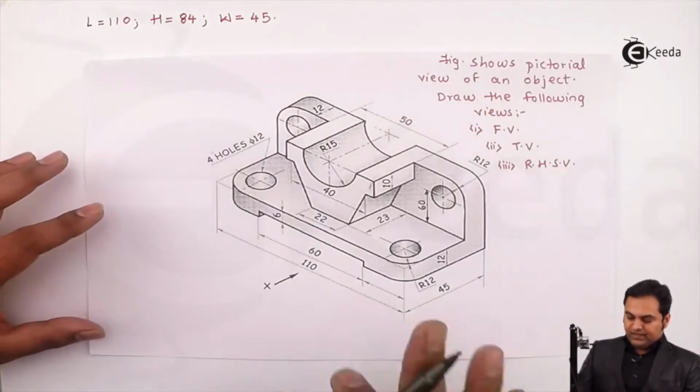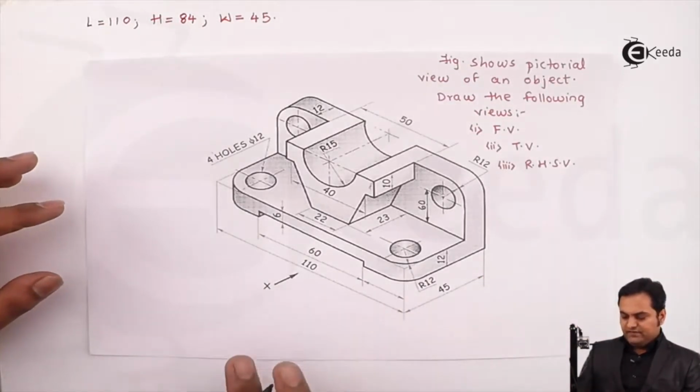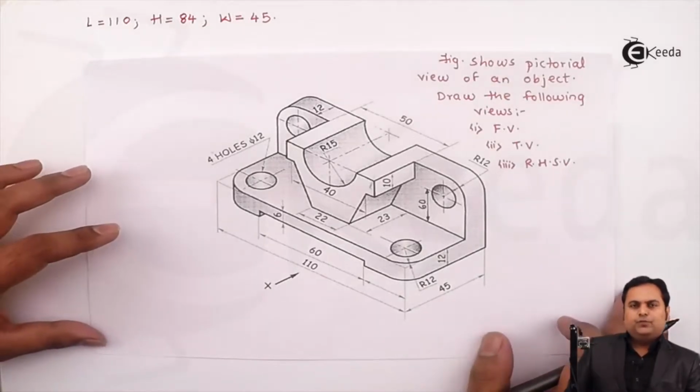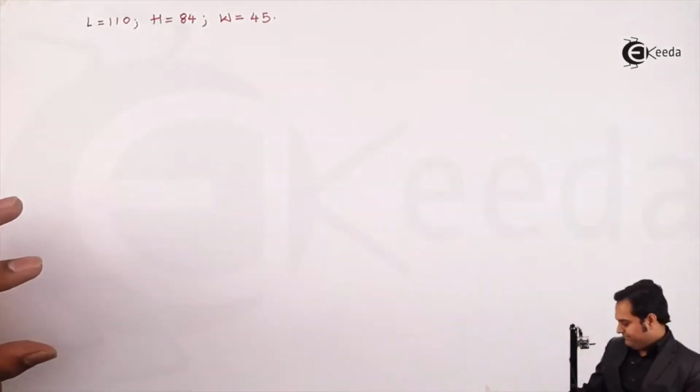Next, I'll explain the spacing. That is where we are going to draw the front view, top view and right hand side view.